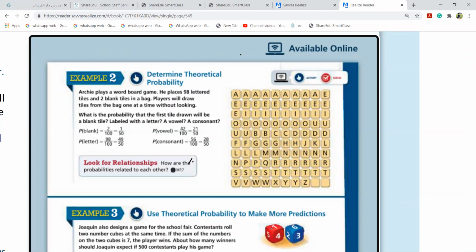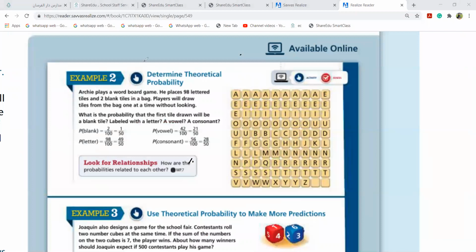What is the probability that the first tile drawn will be a blank tile? Girls, how many blanks are there here? They told us they have 2 blanks. So of course 2 out of total, 2 out of 100. That means when I simplify, I get 1 over 50. This is P(blank).